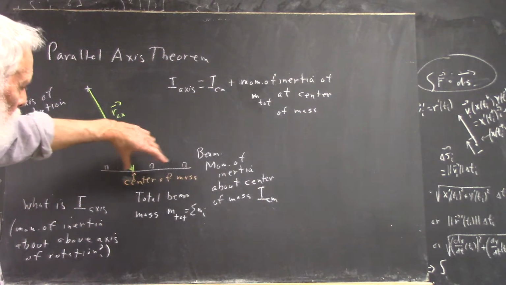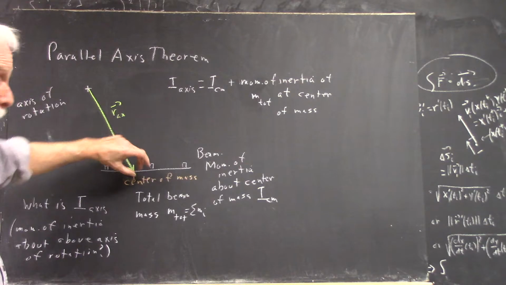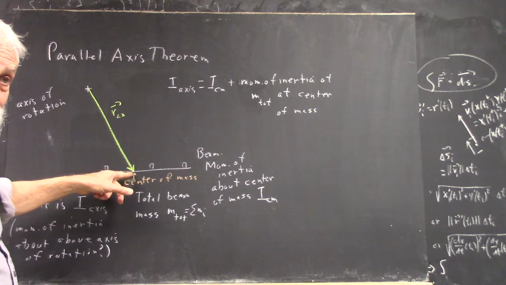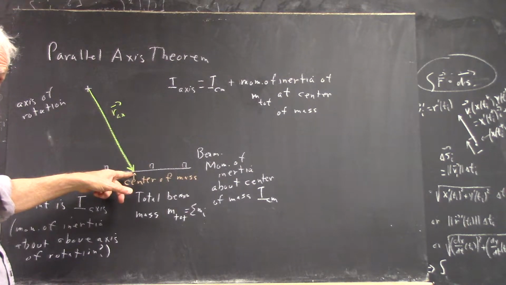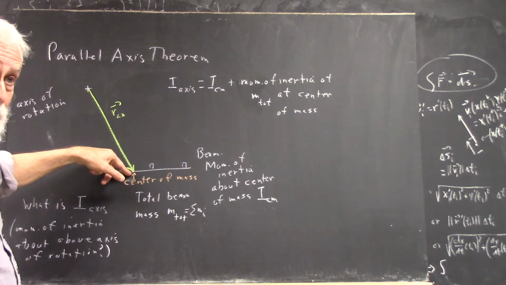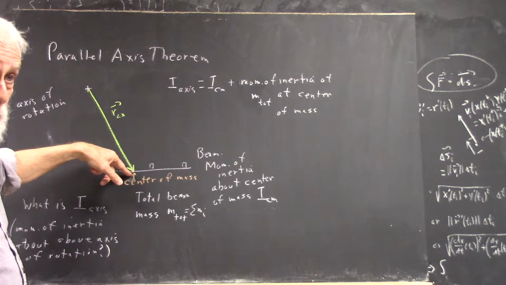It's like we concentrate all the mass at the center of mass and just get the moment of inertia of a particle, okay, at this position.